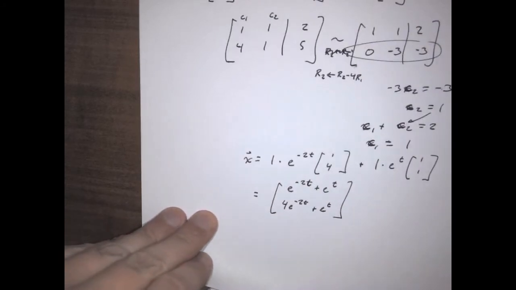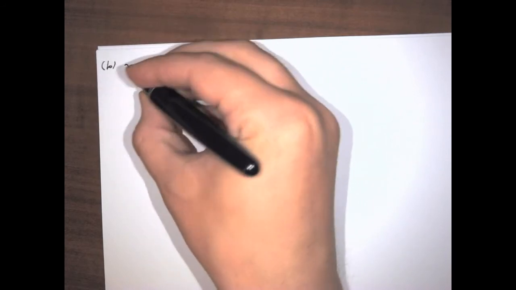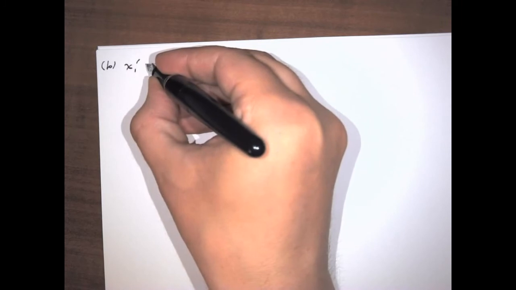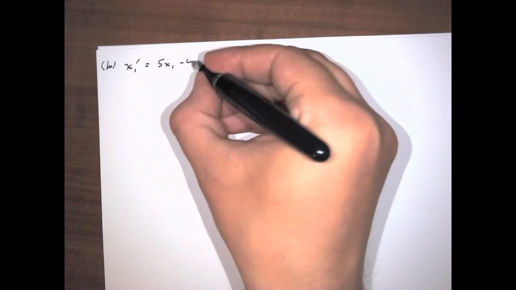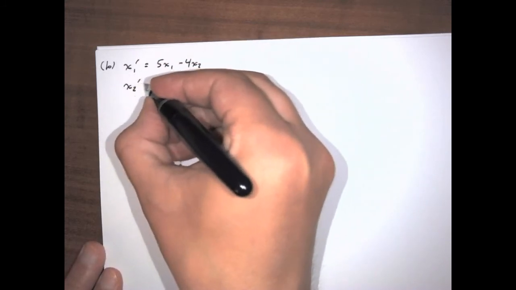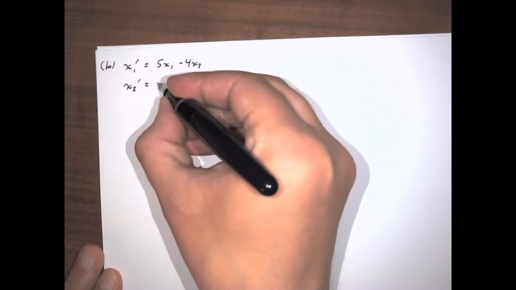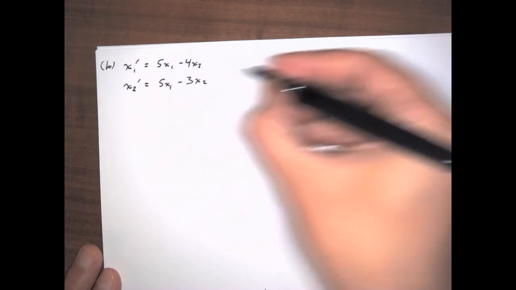Okay, now let's do one more of these examples, but this time with complex eigenvalues. So the one we're going to be doing, this is example B, is going to have x1 prime equals 5x1 minus 4x2, x2 prime equals 5x1 minus 3x2.